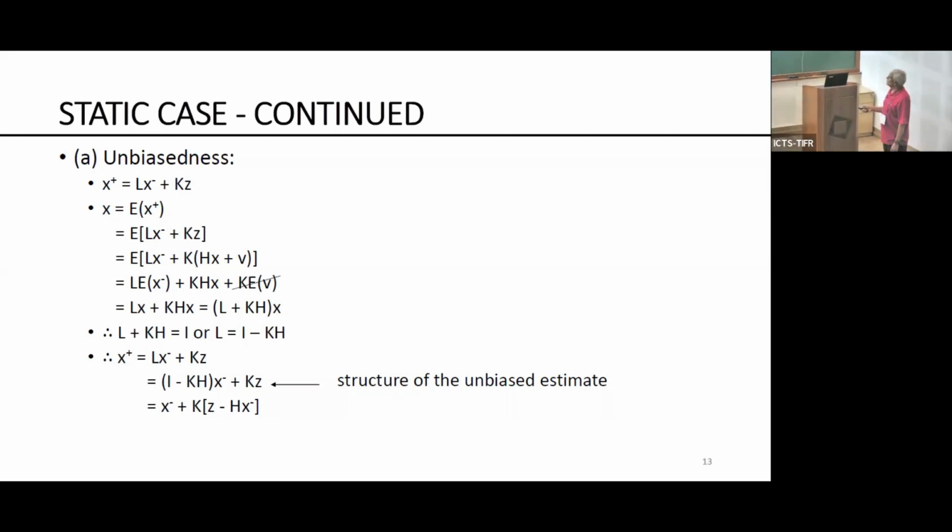So L of x plus KH of x. So x must be equal to (L plus KH) x. That essentially tells you L plus KH must be equal to I. Do you remember a plus b must be equal to 1? Nothing could be more beautiful than this.